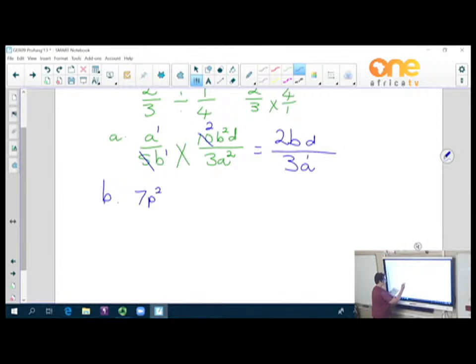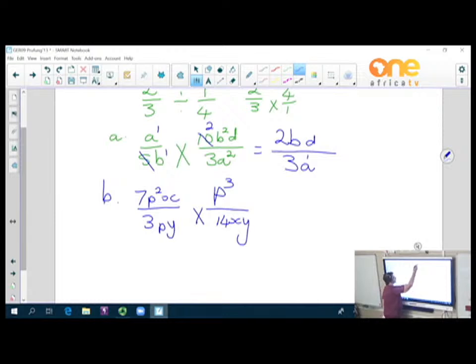7p squared x over 3py. And because I divide, I multiply with the reciprocal. I immediately turn this one around now there. Right, so what can cancel? 7 divide into 14 twice. So it means the numbers is 6, 1 over 6. Now the indices.